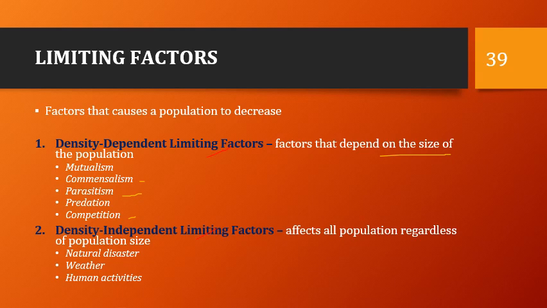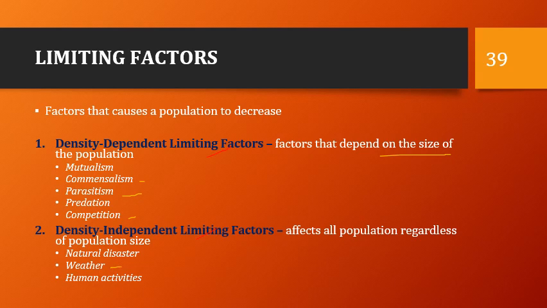So these are actually one of the factors that really decrease the population of the ecosystem or the population of a particular territory. Okay, so we have here natural disaster. Of course, kapag bumagyo, masira lahat. Okay, so nawala lahat. Okay, kapag weather, it is actually the presence of the physical elements.